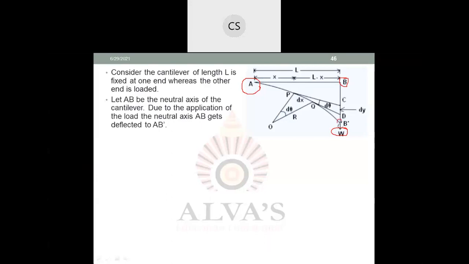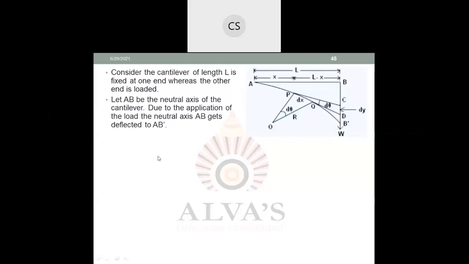So this is the point of depression. You can see a curved line. This is how the cantilever bends. So AB gets deflected to AB dash.